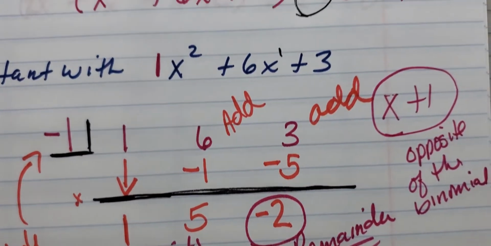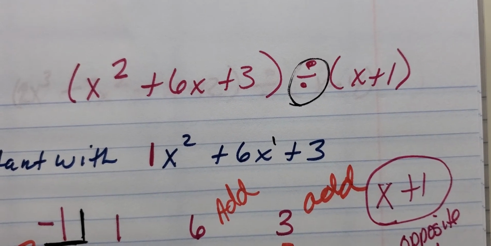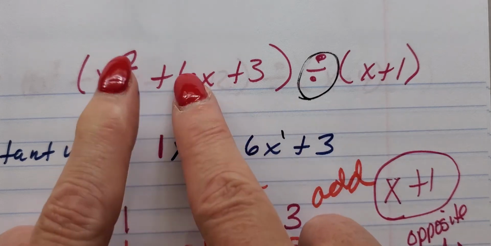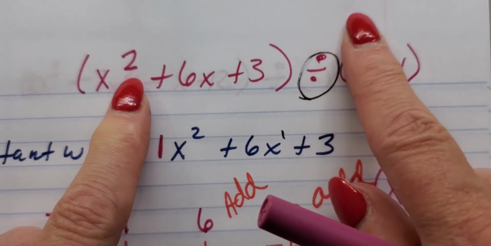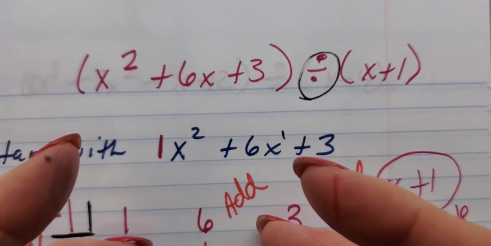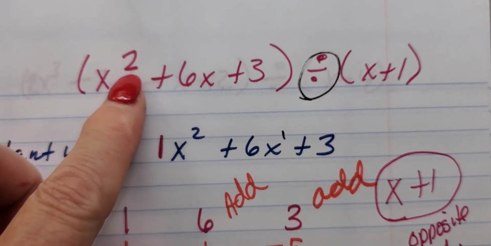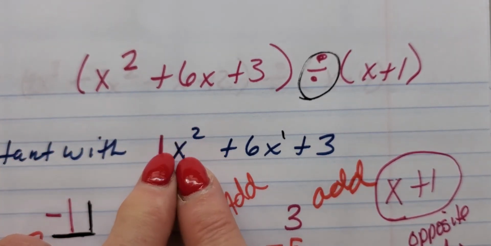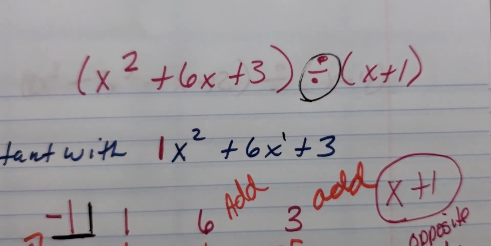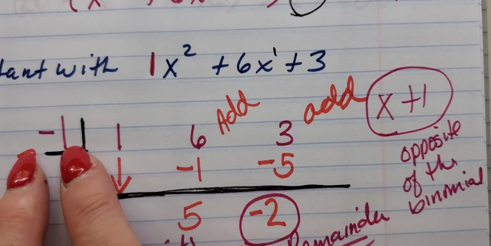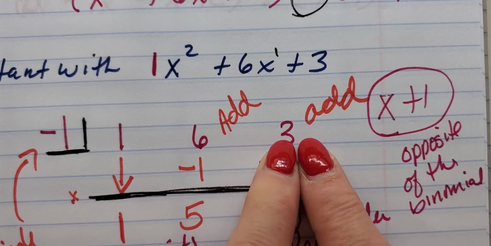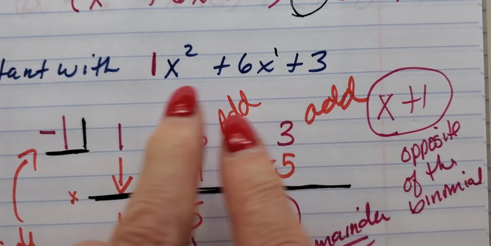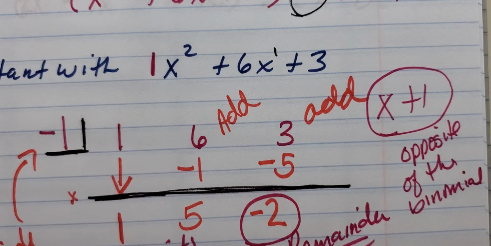Let's go back. Our objective was to take this, divide it by x plus 1, and make it smaller. It should be 1 less than this. So again, synthetic division gets rid of the x's. We took only the numbers and put them in the top row. And we took the opposite of the binomial and put it in our little division box.